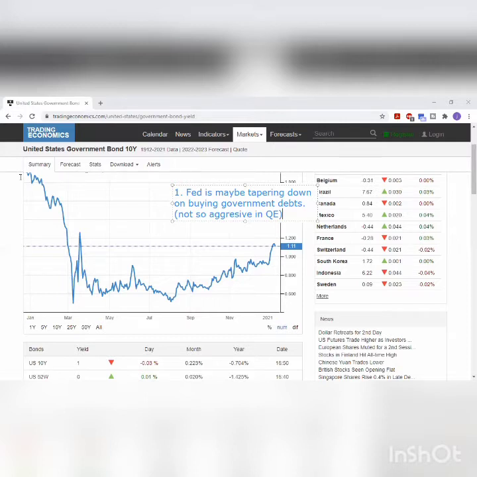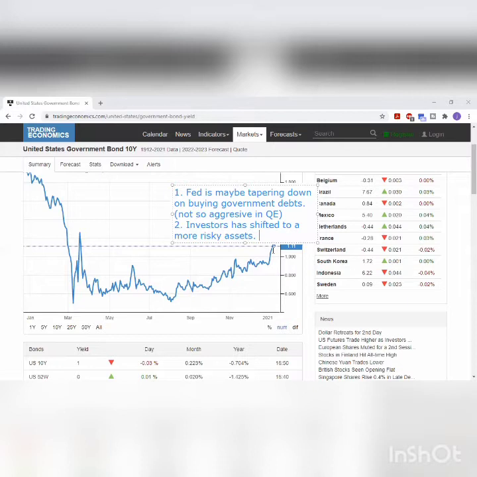So second assumption dyan is investors have shifted to more risky assets. Every time the yield of a bond spikes up, it only means that there is less demand for that asset.